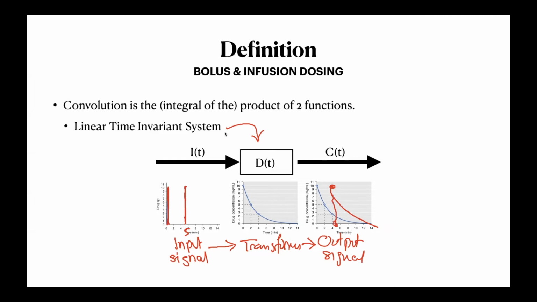So that's why it's called a linear time invariant system: it changes depending on when you give the drug, and it happens proportionately to when you give the drug.